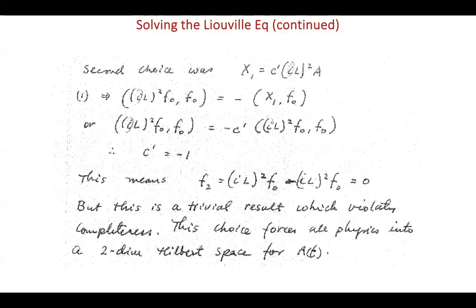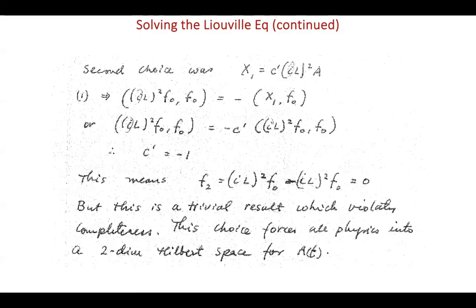Actually, it violates the completeness of the Hilbert space that we are weaving. You see, one of the properties of the Hilbert space is also completeness. And if F2 equals 0, it is in violation of the completeness of the Hilbert space. So this choice forces dynamics to be in a two-dimensional Hilbert space, F0 and F1. And that is not physically viable.